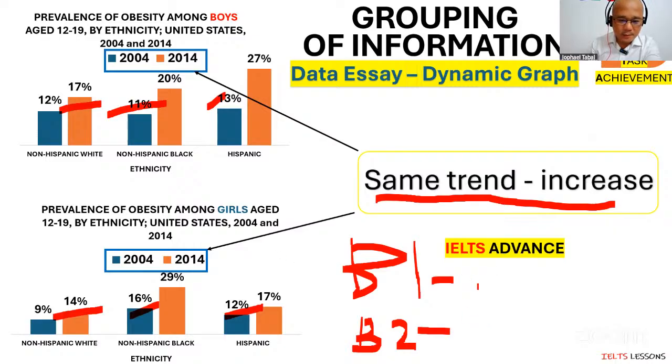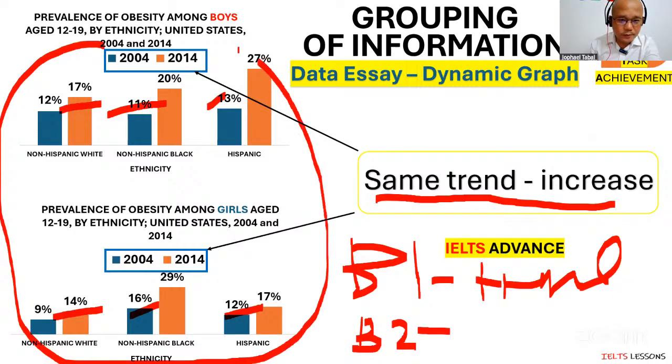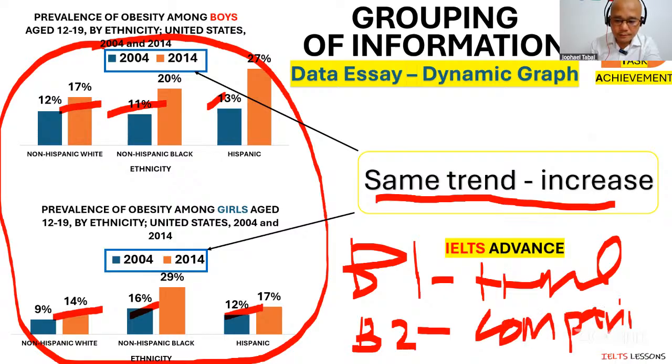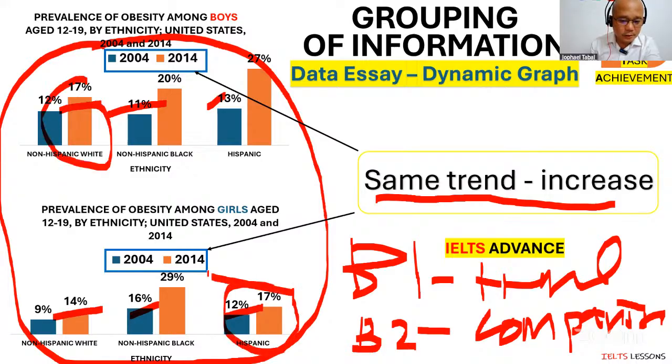So in body paragraph 1, we write the trend or group with the same pattern for both genders, boys and girls. And in body paragraph 2, we write the comparison or relationship. For example, the least affected are the non-Hispanic whites and Hispanic girls, and the most affected ones are the Hispanic and the rest. Okay.